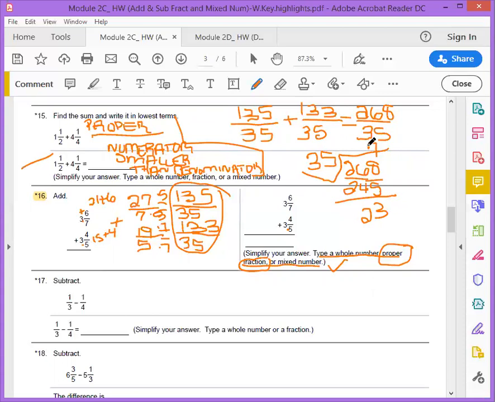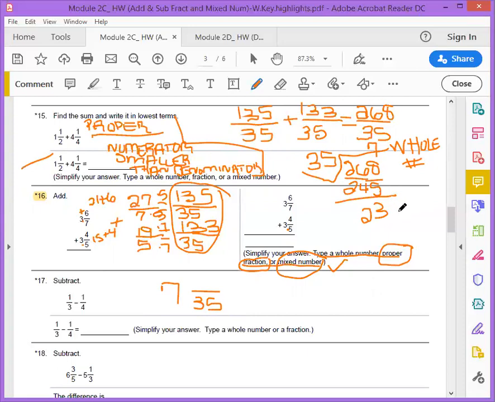Now, the way we take these numbers and create a mixed number, the digit that we divided, our total number, becomes our whole number. So 35 went into 268 7 times. So 7 is the whole number. The denominator stays the same, so 35 stays in the denominator of the fraction that we're going to write beside the whole number.